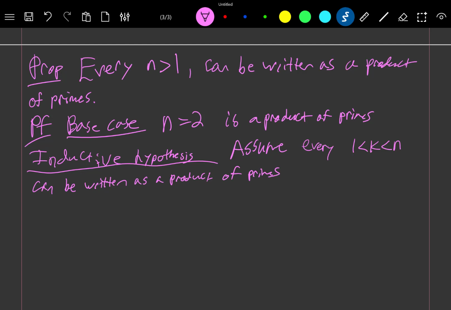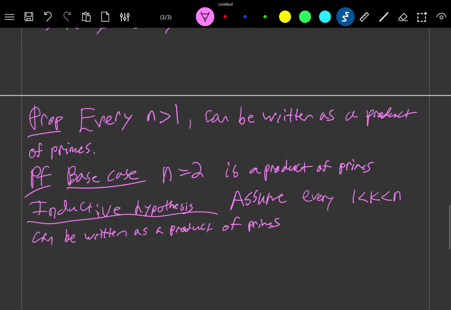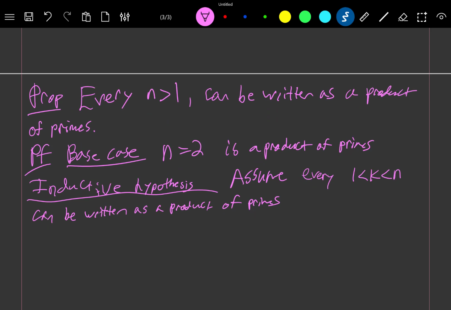And so here I'm using strong induction. So rather than assuming that P(n-1) implies P(n), I'm assuming P(k) for k less than n, and in this case greater than 1, I want to show that that implies P(n). So our inductive step, we want to show that n is a product of primes.